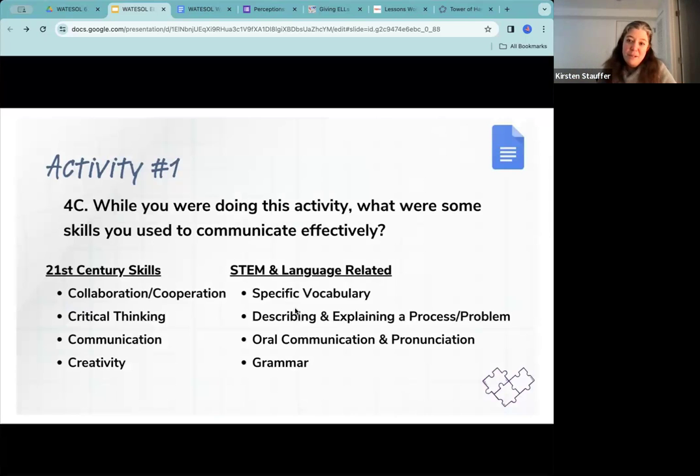And so while we were working on this, there are a lot of different things. So we were working with the collaboration, critical thinking, communication, creativity, so those 21st century skills, but also getting into some more STEM and language related, specific vocabulary, not only in what it means, but pronunciation as well, describing and explaining a process or a problem, oral communication, and also some grammar could be in there as well.